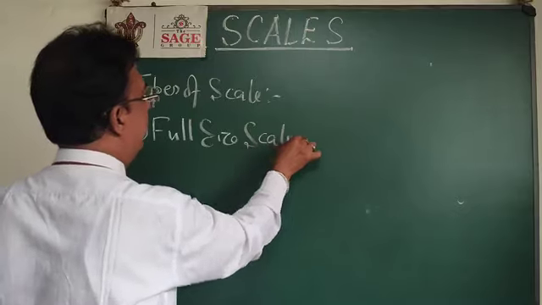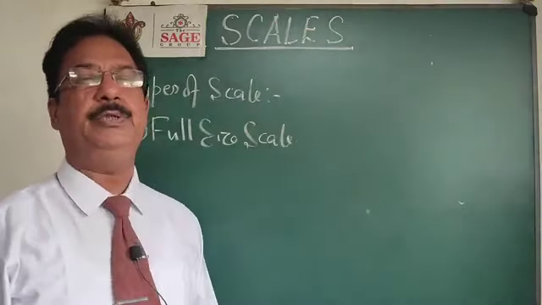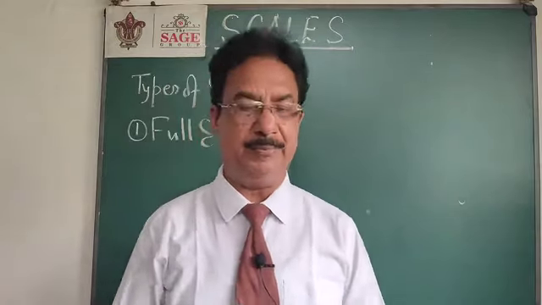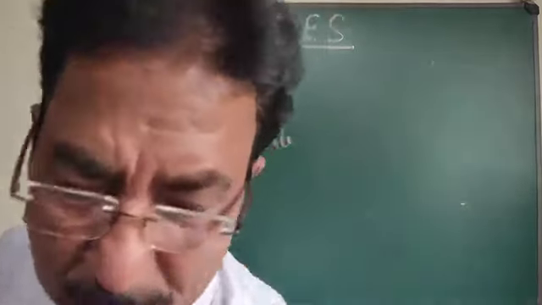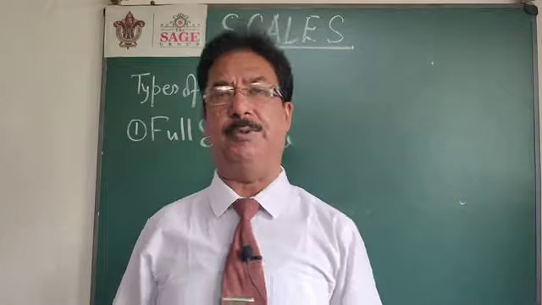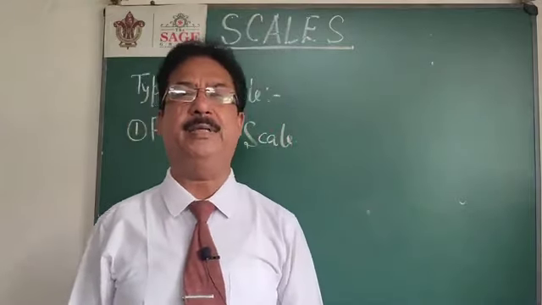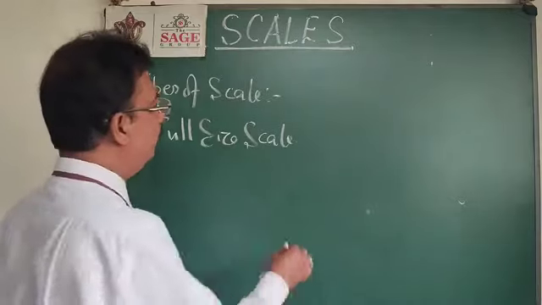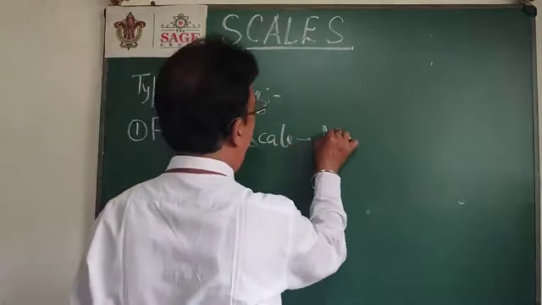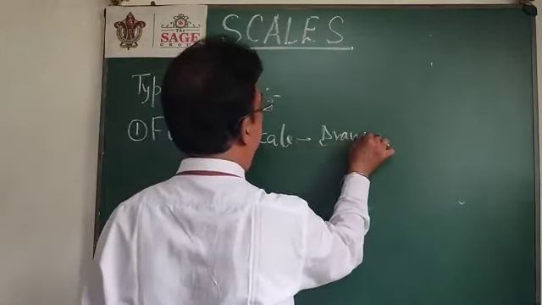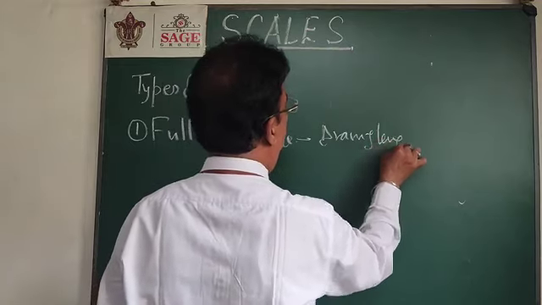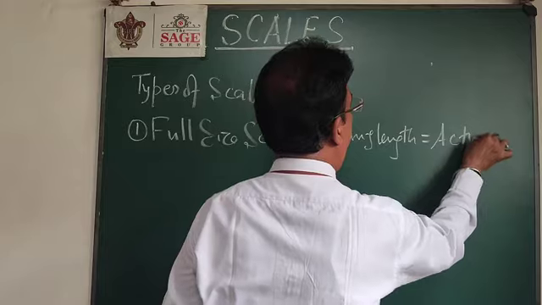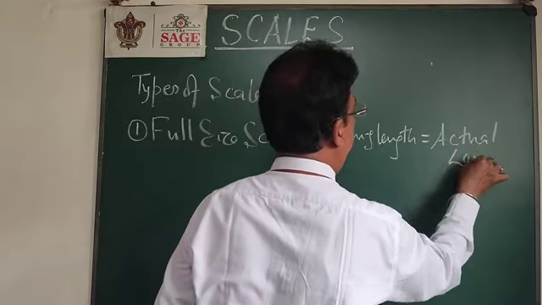The full size scale means, as normally in geometry, if I want to draw a square of 5 centimeter side, I will draw a square of 5 centimeter side. It is possible to draw a square of that size. So that is known as full size scale. The meaning of full size scale is drawing length equals actual length.